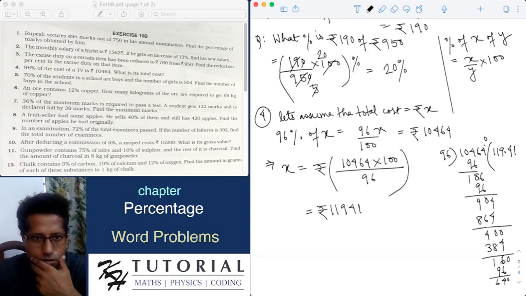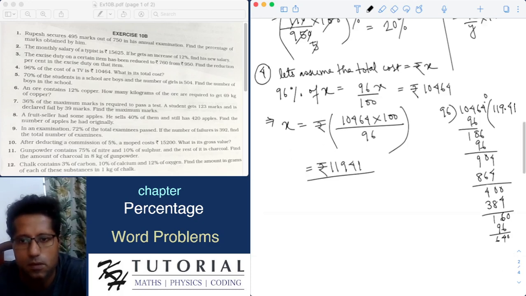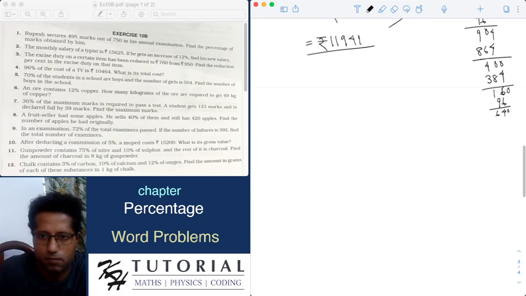So the total cost of the TV was actually 11,941, and 96% of this cost should be rupees 10,464. I'm not sure whether this answer will be correct or not. I think it will be close. Anyway, let's do problem number 5.